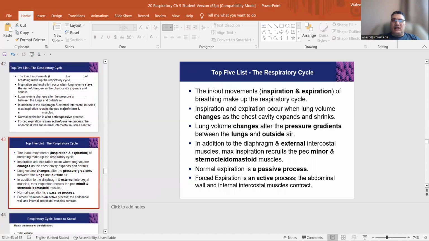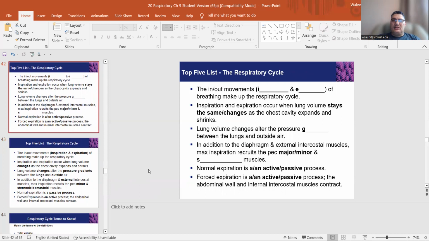So here is a respiratory cycle. What's the respiratory cycle? It's moving in and out, inspiration and expiration, or inhalation and exhalation. Do those two stay the same or change?